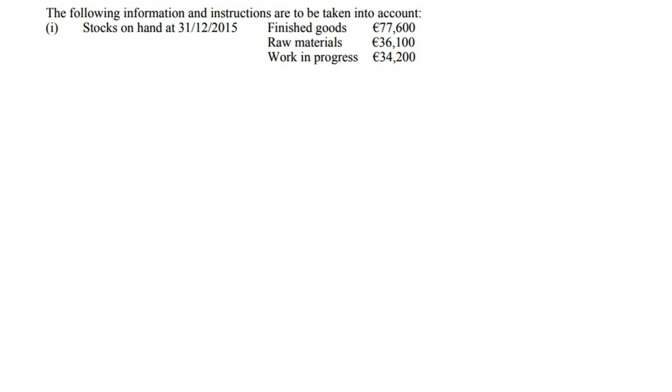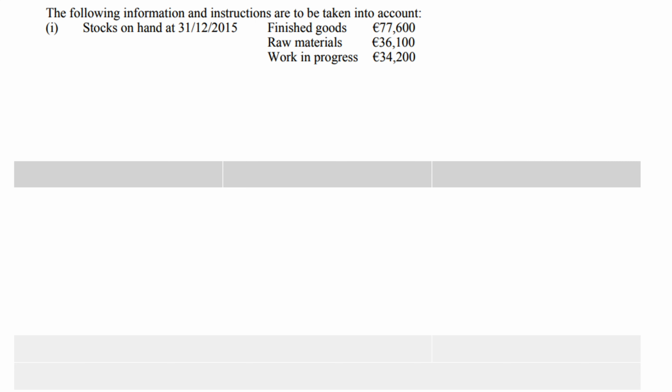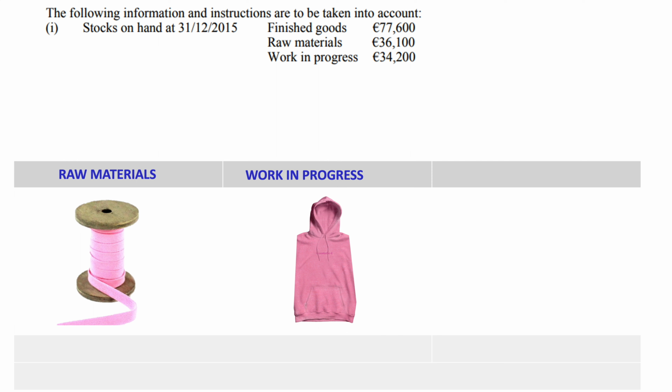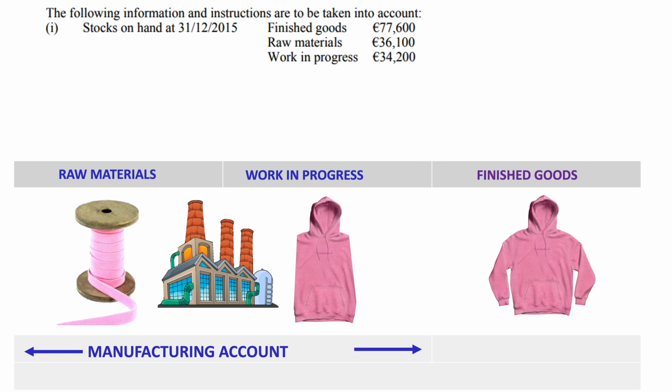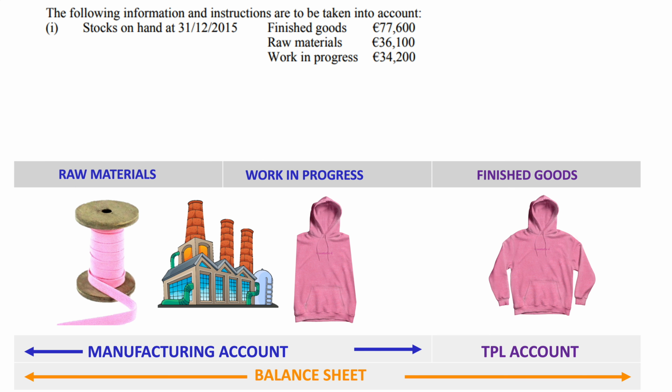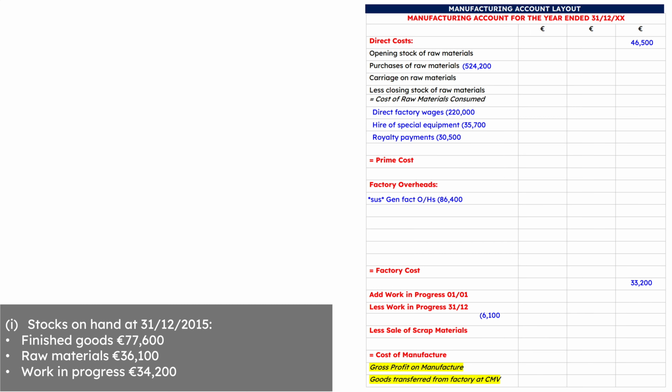So adjustment number 1, stocks on hand at the 31st of the 12th 2015, you've got finished goods 77,600, you've got raw materials 36,100, you've got work in progress 34,200. So where do these go? So your raw materials and your work in progress are going to go into the manufacturing account, and your finished goods will go into the trading and profit and loss account, and all of them will go into the balance sheet.